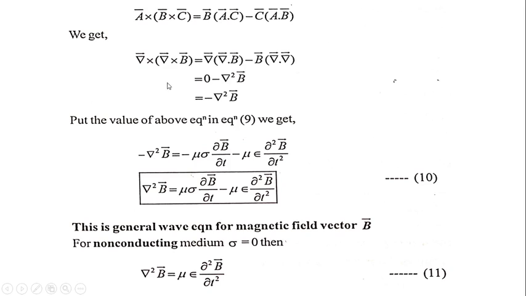And for non-conducting medium, sigma equal to 0, then we get del square B equal to mu into epsilon delta square B by delta t square.